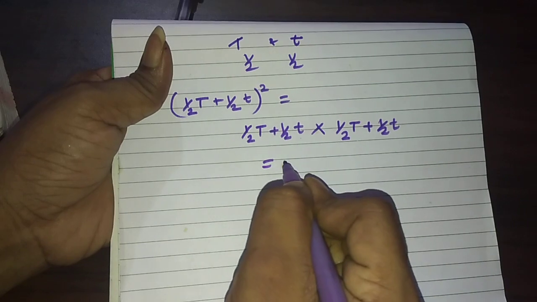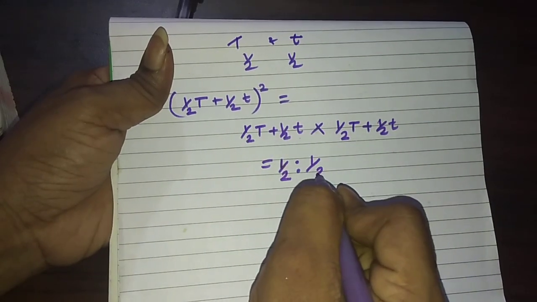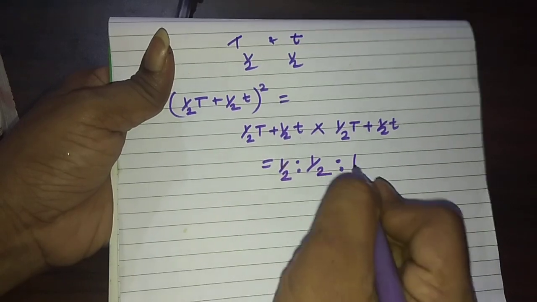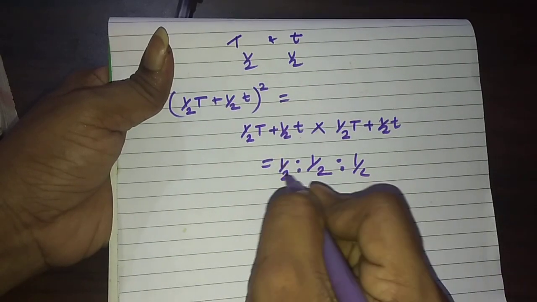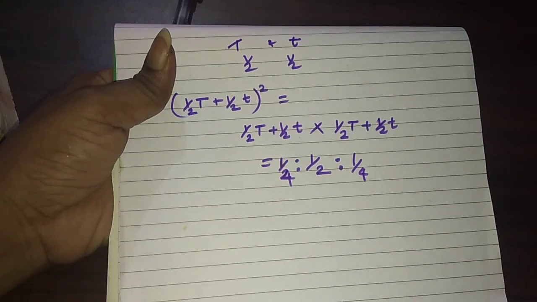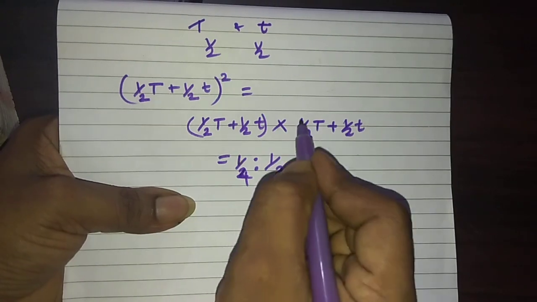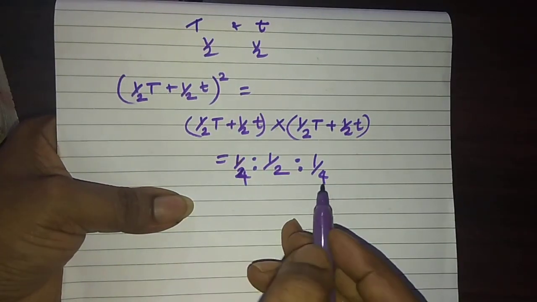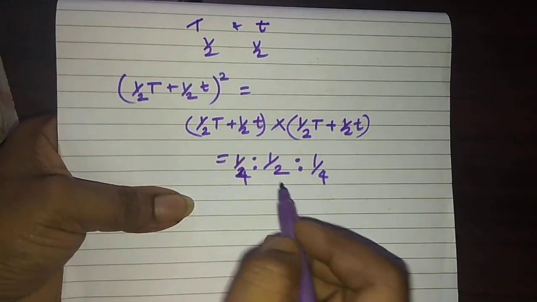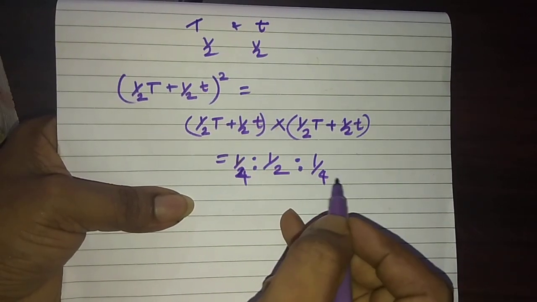And what is the answer that we get? We get 1/4, 1/2, 1/4. So Mendel explained mathematically the expression of genes, and the frequency of gametes will always be half in a monohybrid cross.